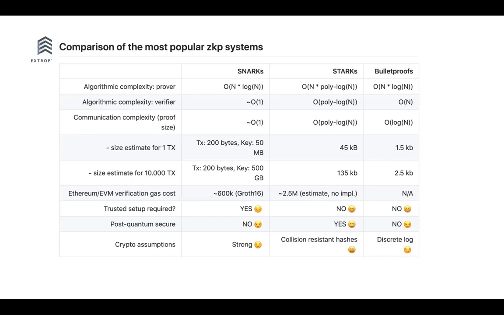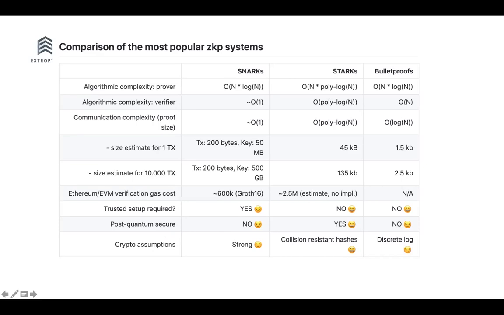For STARKs and bulletproofs, the size of the proofs and the verification cost can be higher. But for example, you don't need a trusted setup, and STARKs in particular are post-quantum secure.